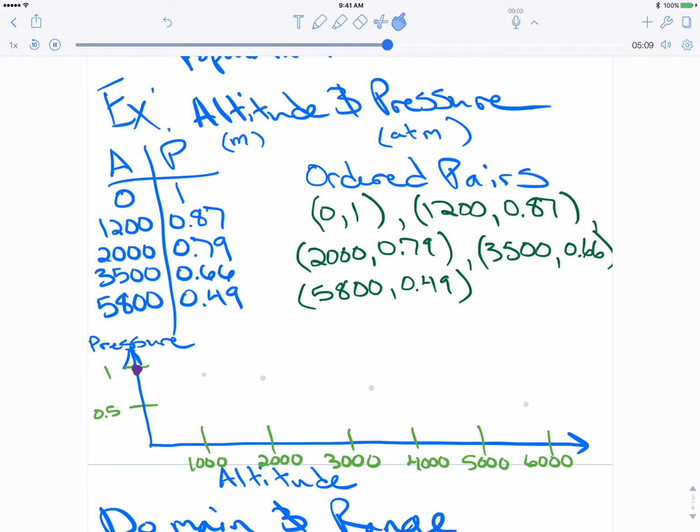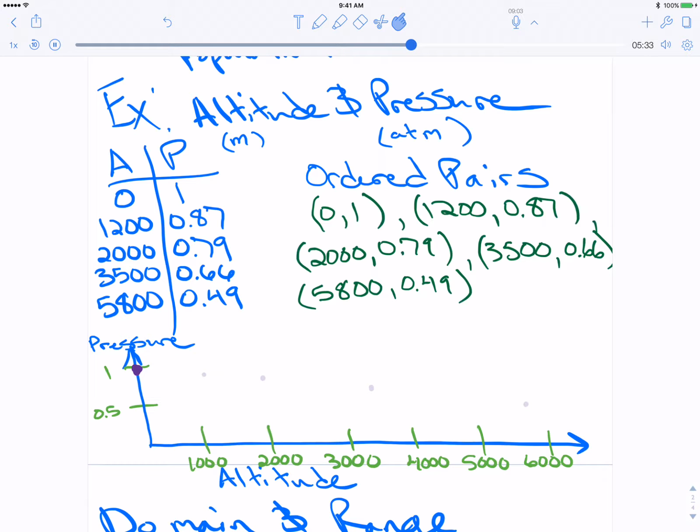The first entry of the ordered pair tells you where to go along the x-axis, and the second entry, corresponding with the right column of the table, tells you where to go along the y-axis, or the vertical axis. So (0, 1) is already here. That purple blob comes from the first ordered pair, or the first row of the table.